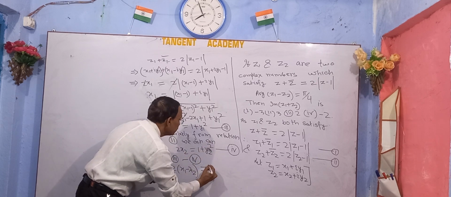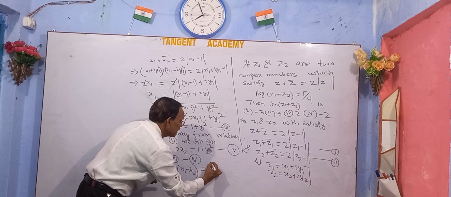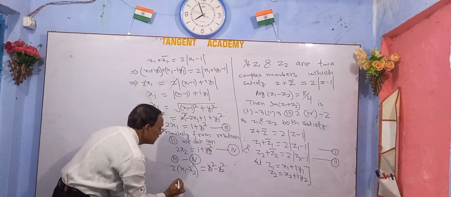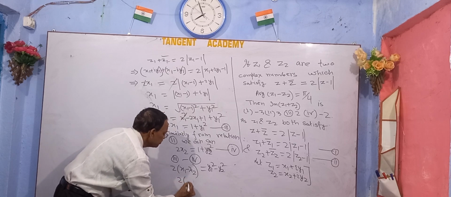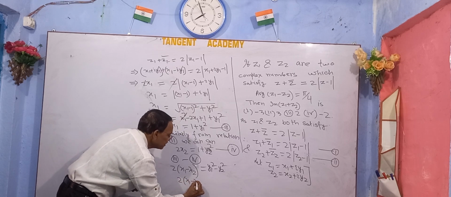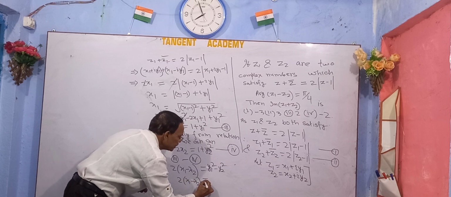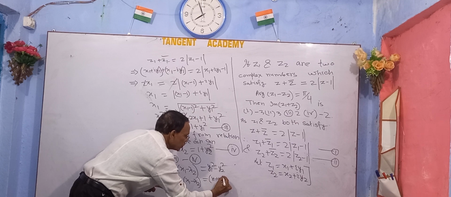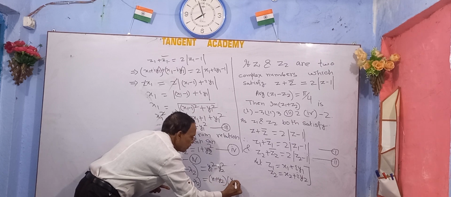We have y1 square minus y2 square. This can be factorized: 2 times x1 minus x2 is equal to y1 plus y2 times y1 minus y2.